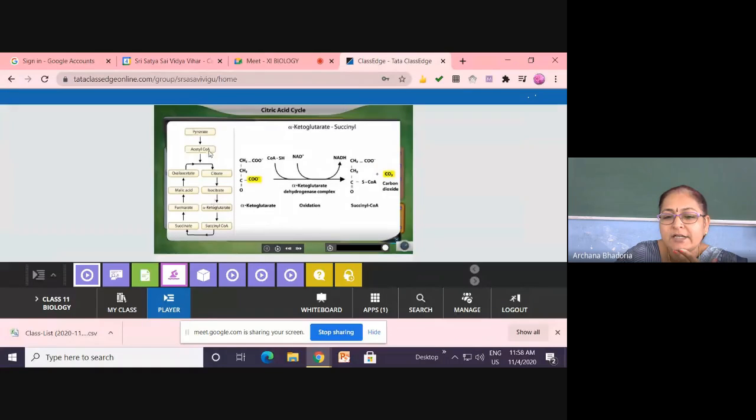ये है अपना पूरा Krebs cycle. इस Krebs cycle में how one is getting converted into other, this is explained by this equation. Okay, and which enzymes are needed for these reactions. So you are seeing that specific enzymes will carry out the specific reactions.